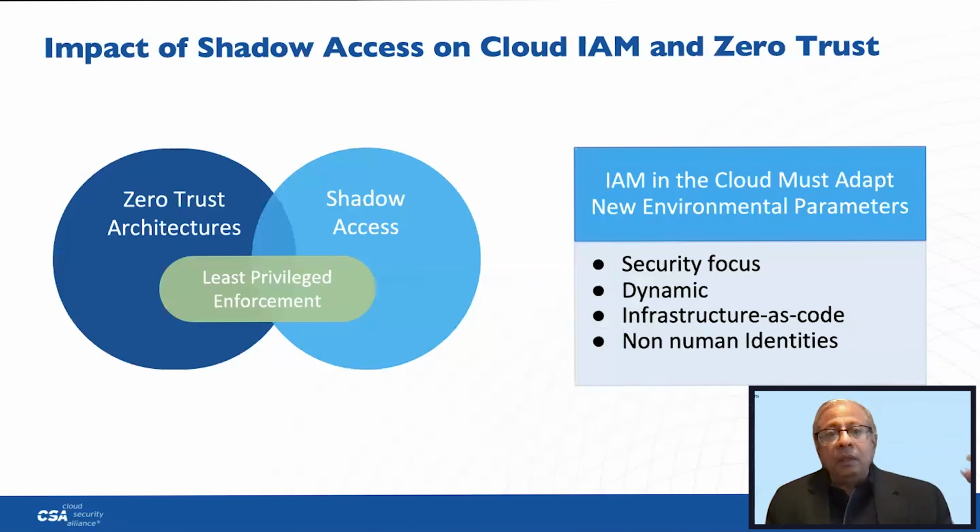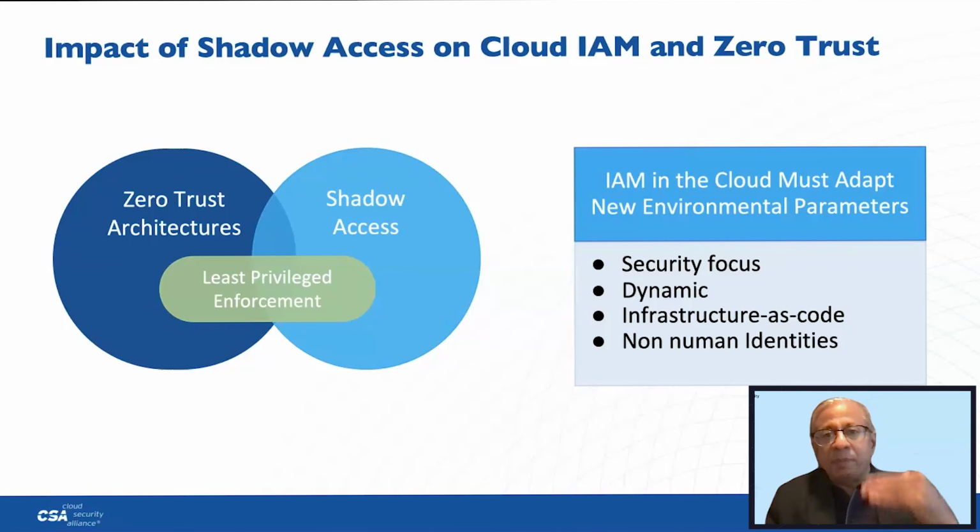So let's look at the problem from various perspectives. If we look at zero trust, one of the primary focuses of zero trust is to make sure that environments operate with least privilege enforcement and zero trust principles. So least privilege is a very concrete principle that zero trust architectures adopt.